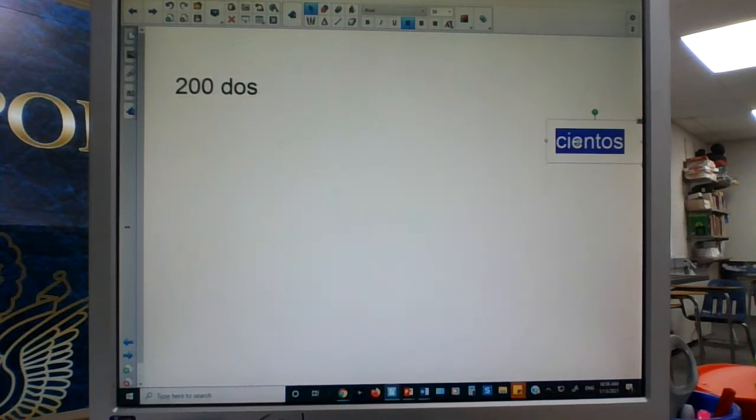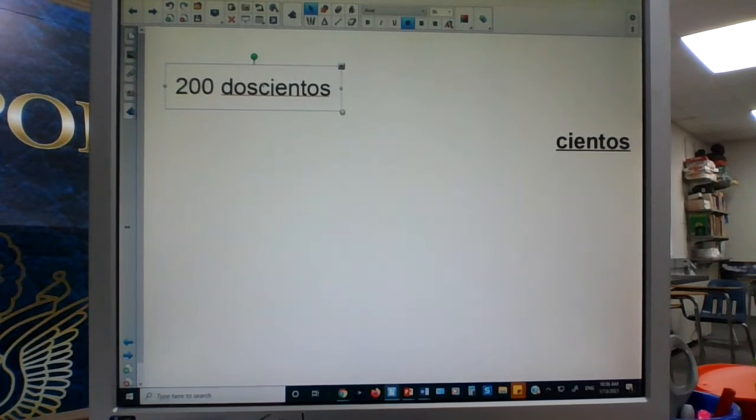Cientos, not just one toe, we have many toes. Okay, underline, bolded, cientos, which means that 200 is going to be written out and pronounced as 2 hundreds, literally. Cientos means like hundreds, plural, okay, so we're gonna say doscientos, okay, doscientos. All right, 300.